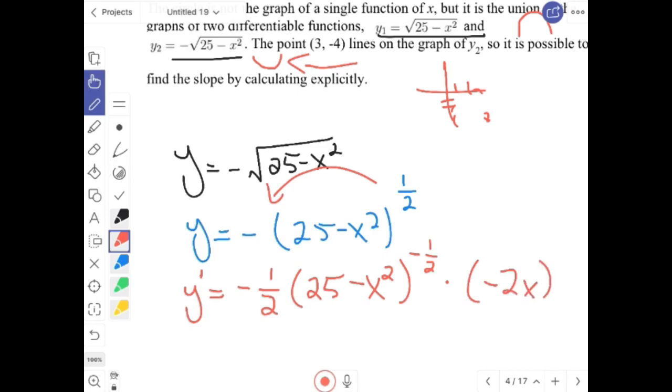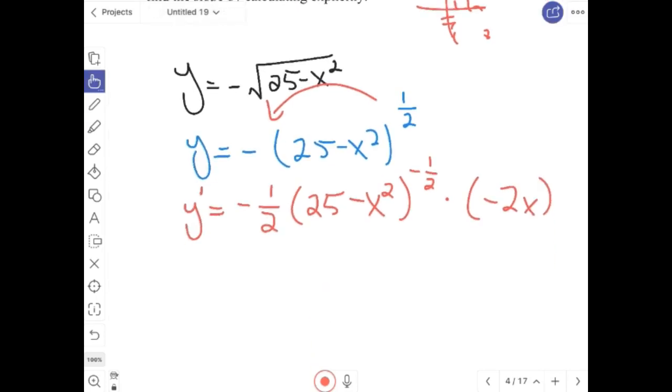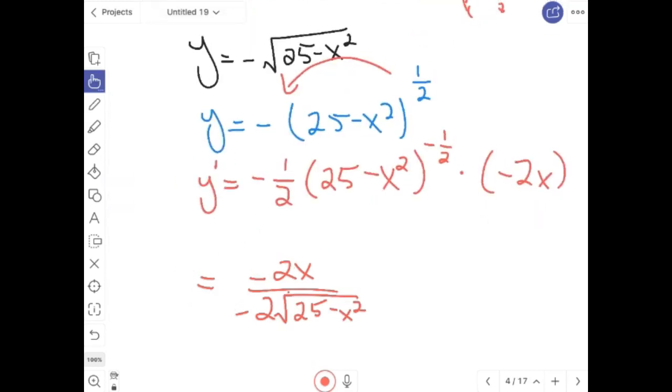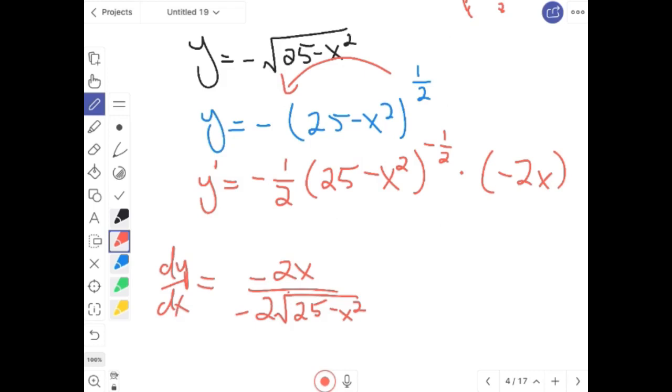Okay, and now simplifying this. This is going to be negative 2x over negative 2, so those will cancel out, square root of 25 minus x squared, at the point 3, negative 4. So if I plug in, this is y prime or dy dx, however you want to think of it.